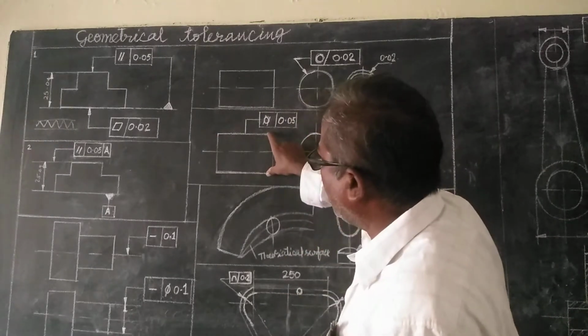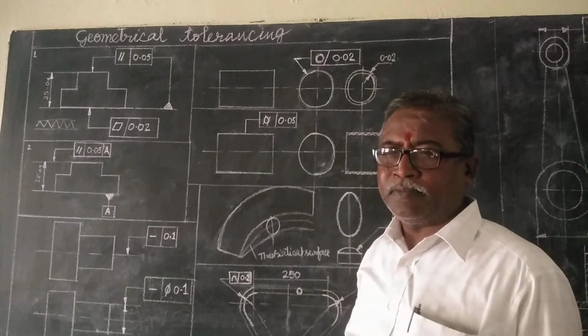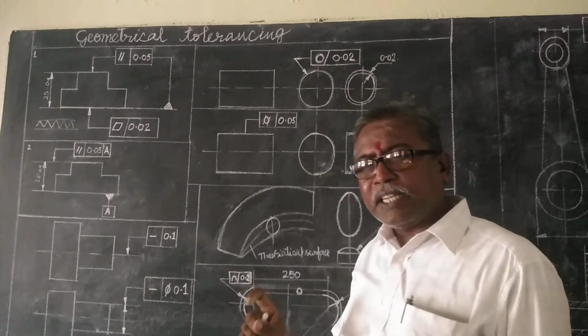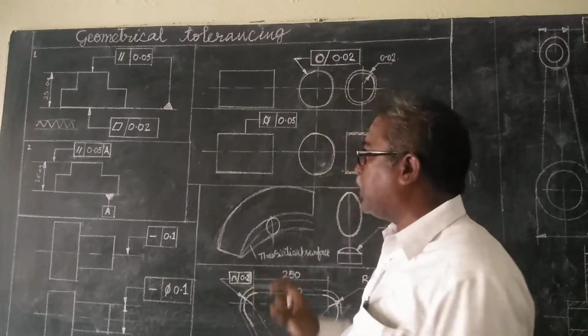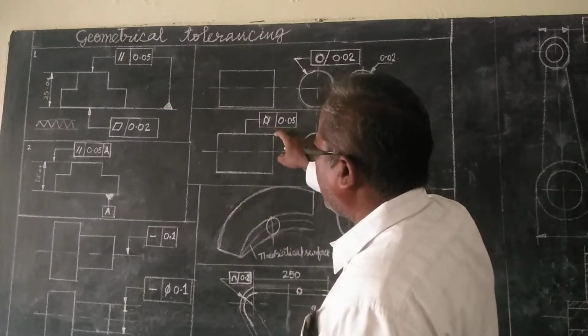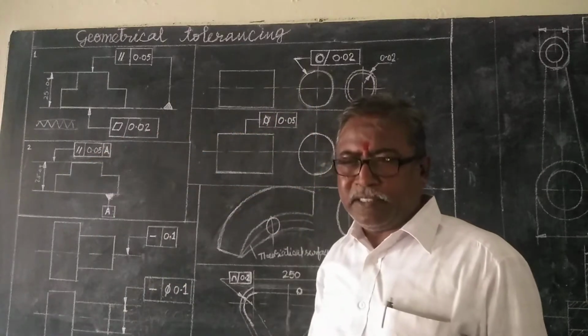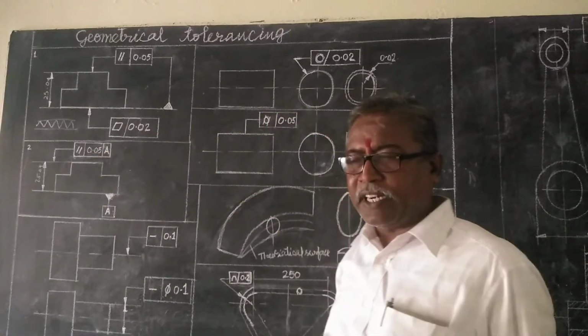Cylinder means not going to check at one point. Roundness you can check at one point, but cylindricity you cannot check at one point. You check the dial here and move over the entire surface of the cylinder. That's why the name is given cylindricity.